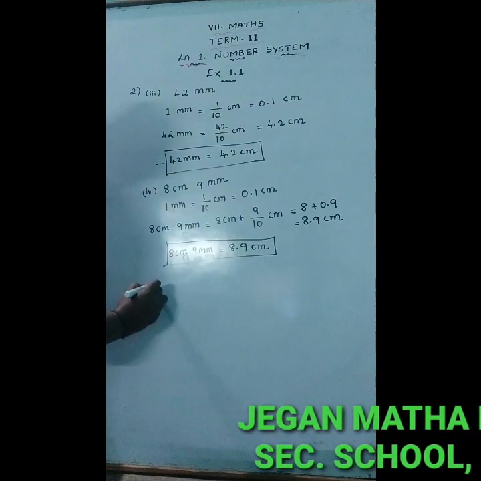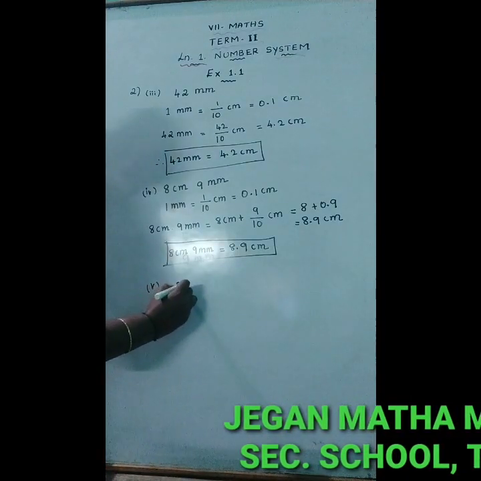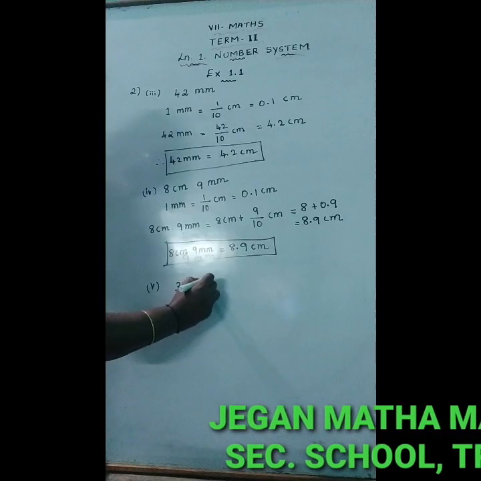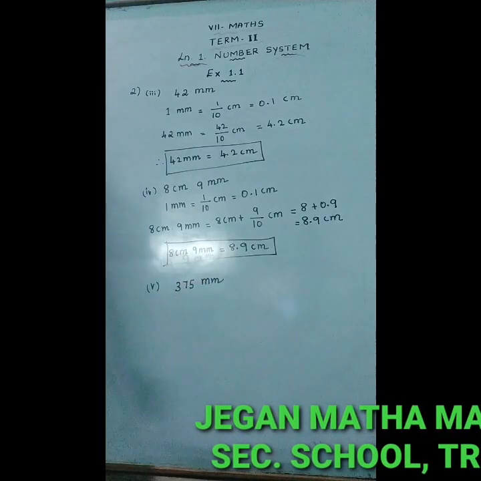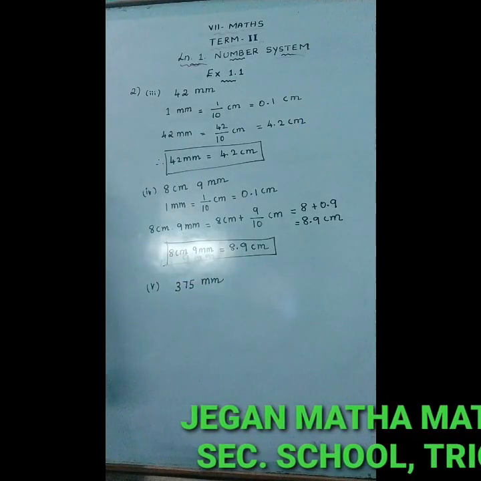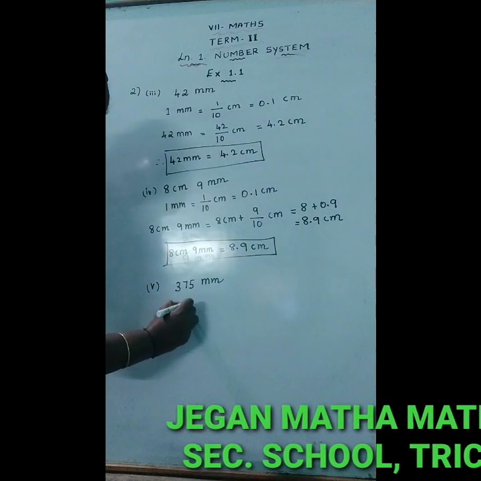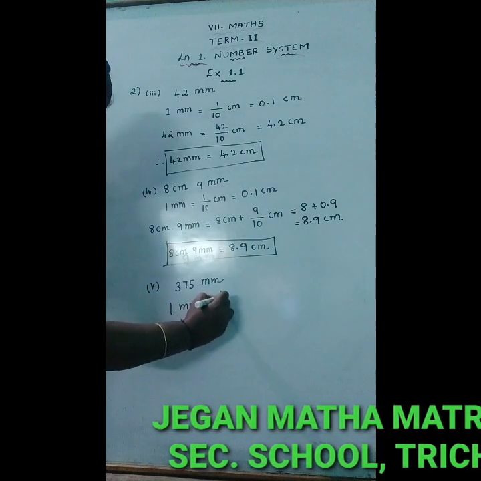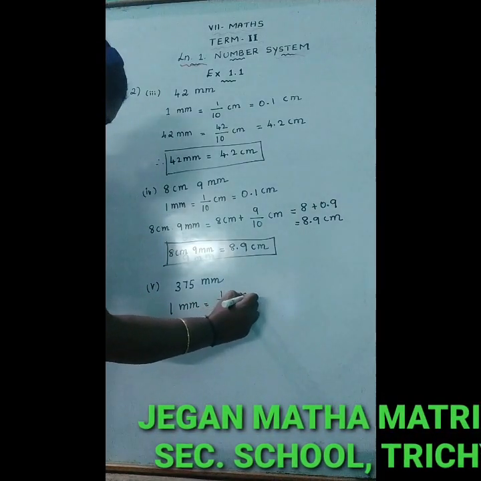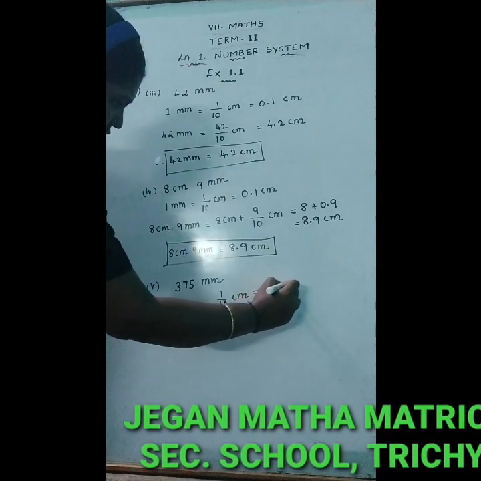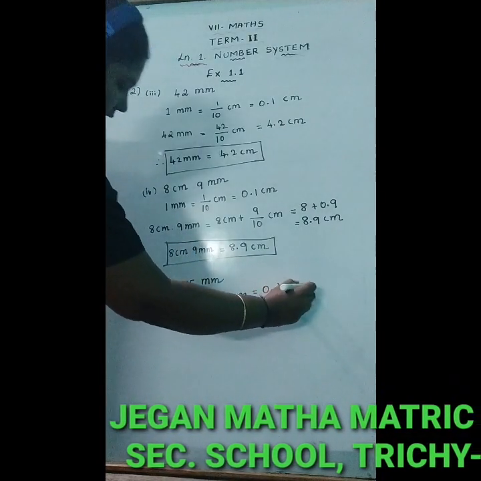Next, the fifth one is 375 millimeter. We write 1 millimeter is equal to 1 divided by 10 centimeter, that is 0.1 centimeter.